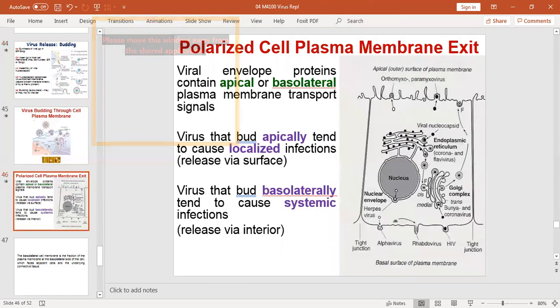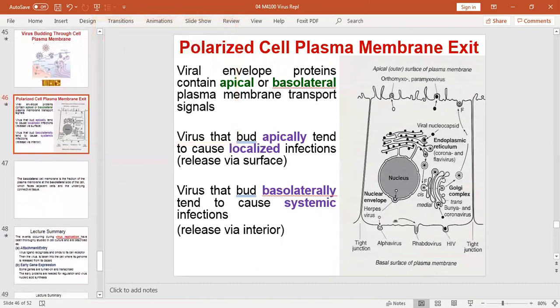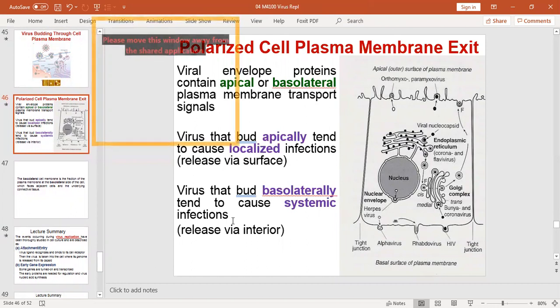Slide number 46 talks about polarized cell plasma membrane exit. Virus envelope proteins contain two types of signals: membrane transport signals.